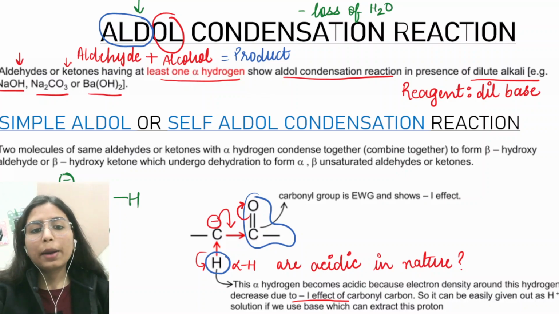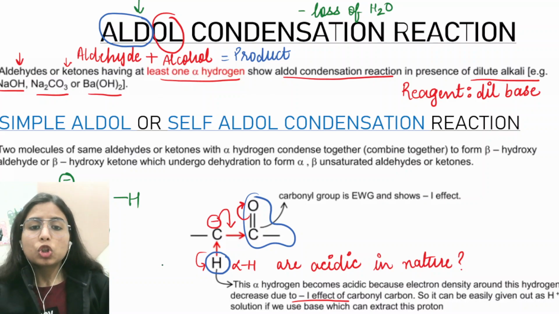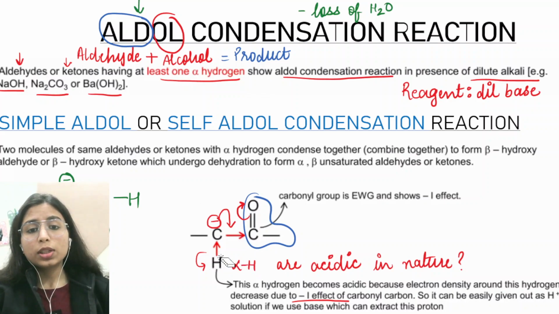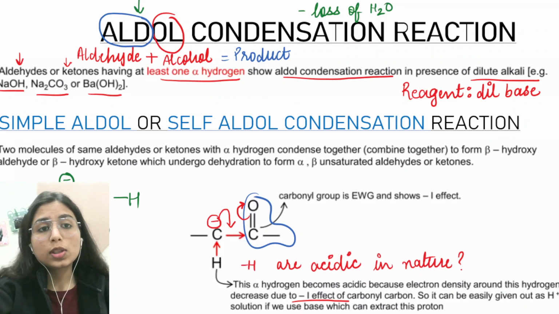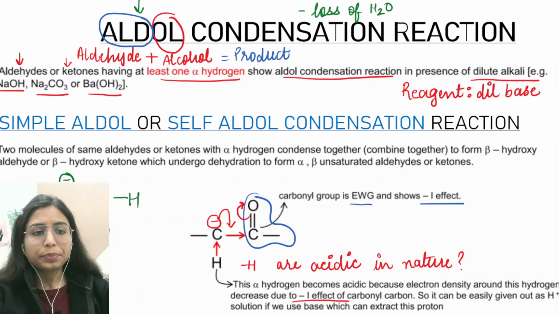So if the carbanion that is formed is stable, then we say that they are acidic in nature. So now we have learned that these alpha hydrogens are responsible for the reaction due to their acidic nature. This carbonyl group is electron withdrawing and shows minus I effect.